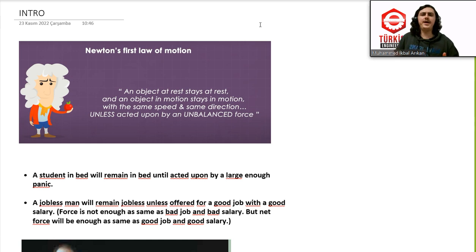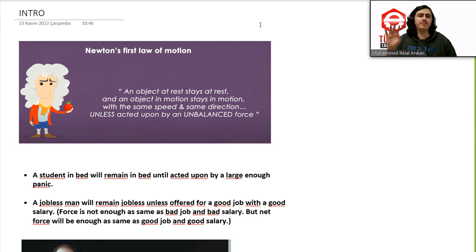Until what? They will be in the same state because they have inertia, which is a property of any object in the universe. So you will have a property which is called inertia.